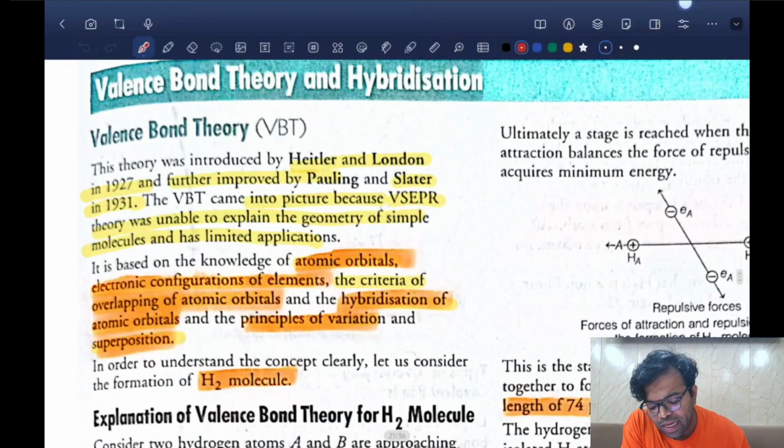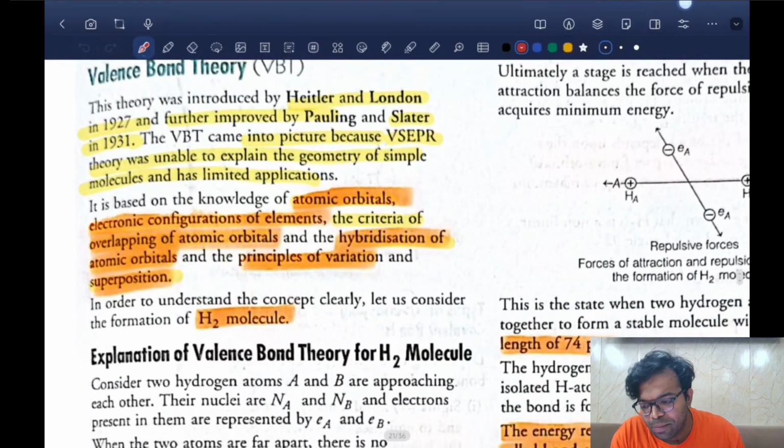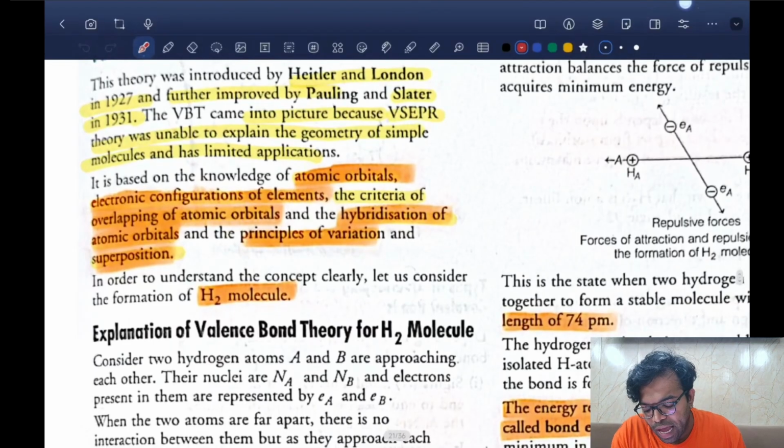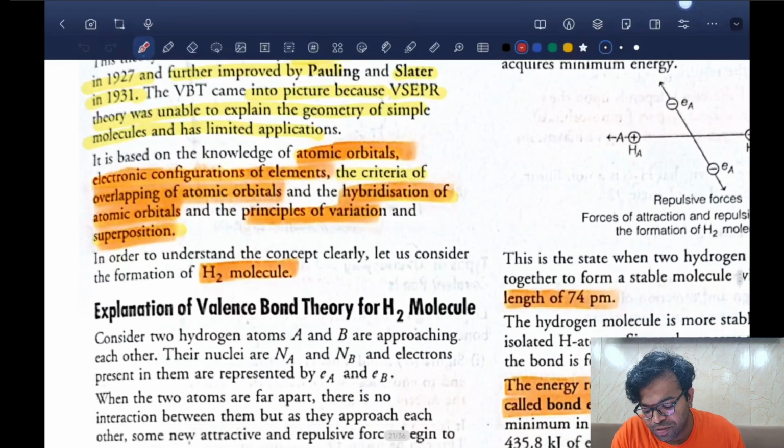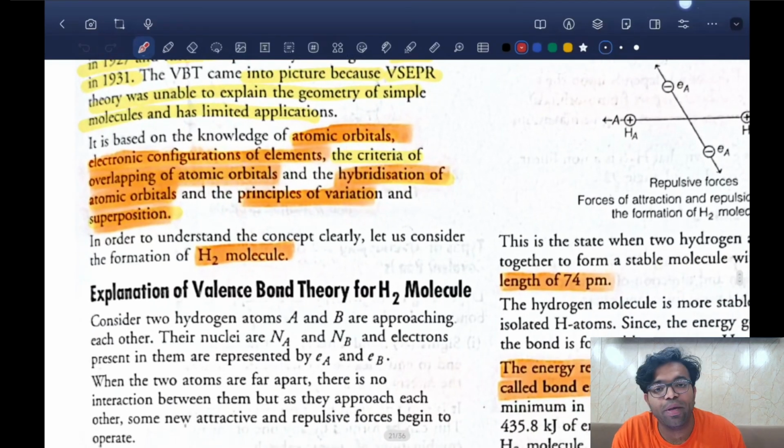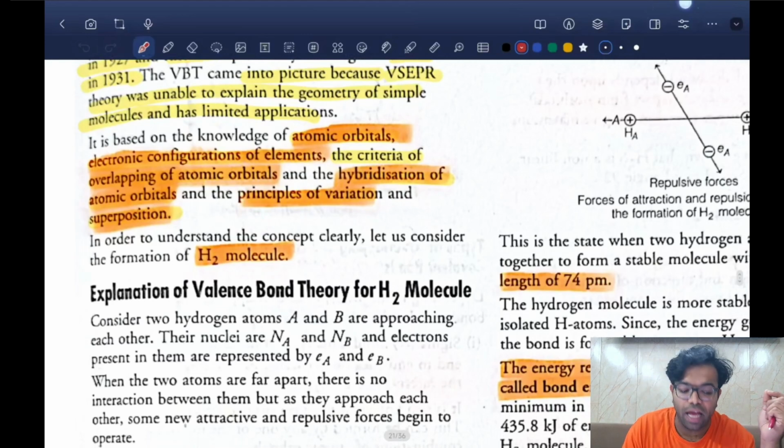The valence bond theory came into picture because VSEPR theory was unable to explain the geometry of simple molecules, and had limited applications. It is based on the knowledge of atomic orbitals. We know that electrons are present in the atom around the nucleus, in various kinds of orbitals.